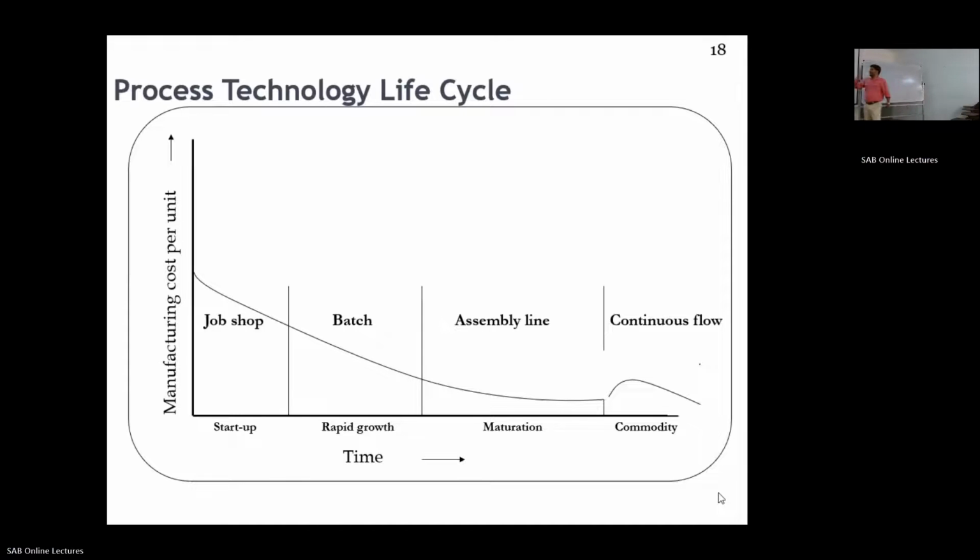Right. And then as they move forward, especially there are some learning effects. Learning curve, they learn better approaches to produce, better techniques, and then gradually the production cost will be reduced. But in job shops, your production cost is relatively high.